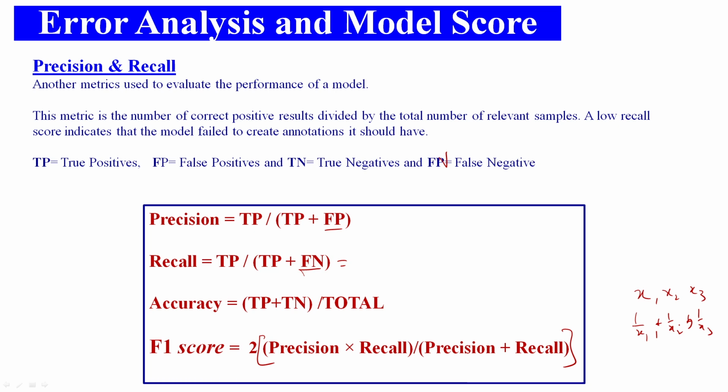That is what is called harmonic mean. The arithmetic mean is x1 plus x2 plus x3 divided by 3, right. The harmonic mean is 1 by x1 plus 1 by x2 plus 1 by x3, the whole thing divided by 3. That is what is called harmonic mean, right.